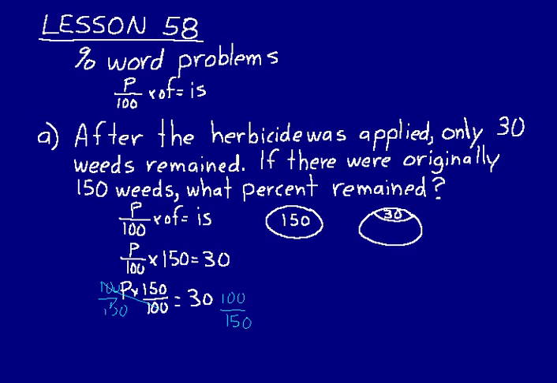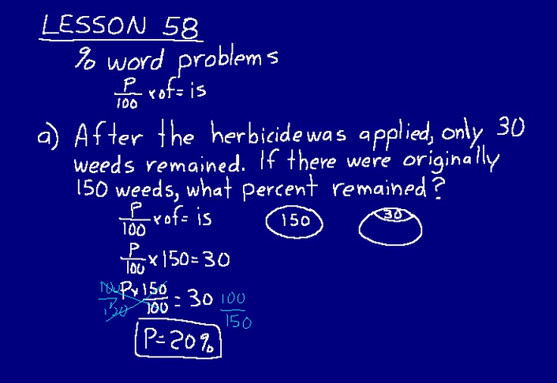And so that'll cancel on the left, and we'll have 30 times 100 over 150. And so that would simplify to 20%. 20% of the weeds remained. That would be our answer.